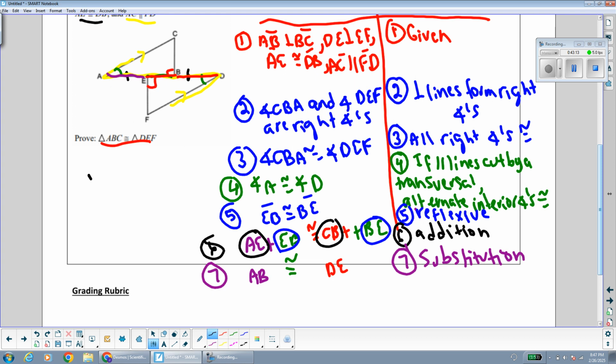So to show you clearly what the point of this was, let me redraw the triangles really quick for you.